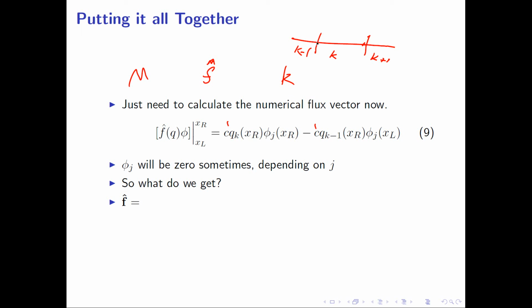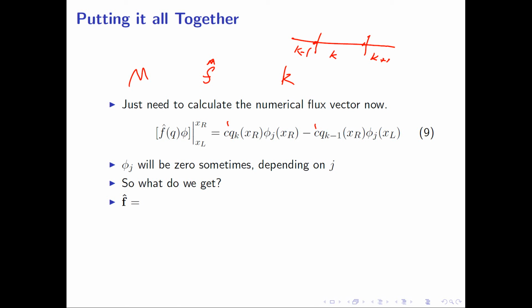And then on the left side of the domain, again, because it's an upwind flux, we're looking at the value from the left element here, K minus 1. And you have to be careful, this is the right side of K minus 1. Even though it's the left side of element K, it's the right side of element K minus 1. So that's why we're evaluating there. This is with respect to K minus 1.